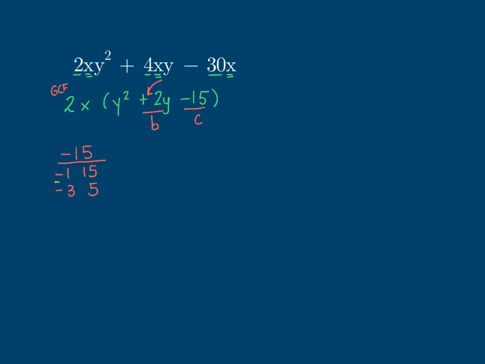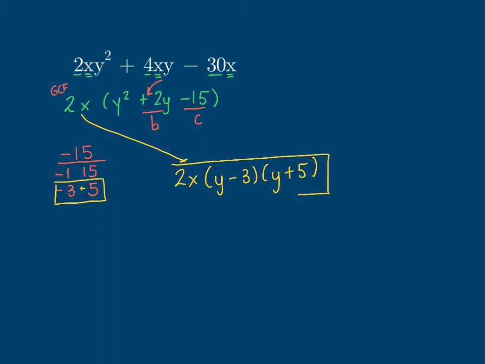So this is the pair that gives me positive 2 when I add them together. So this will factor into y minus 3 times y plus 5. And then I need to include my GCF of 2x that we factored out at the very start. If I don't, when I go to FOIL and check, I would get a different answer than what I started with.